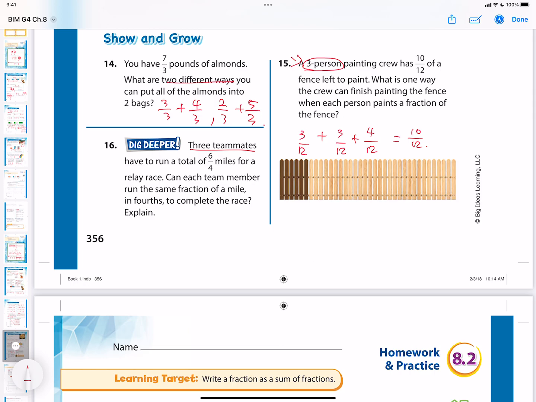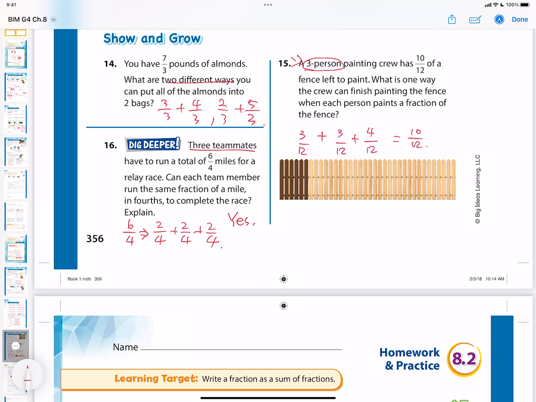Yeah, I guess, because 6 over 4, you can split that into 3 equal parts. So each team member can run 2 over 4 miles, because 2 over 4 plus 2 over 4 plus 2 over 4 is equal to 6 over 4. So the answer is yes.